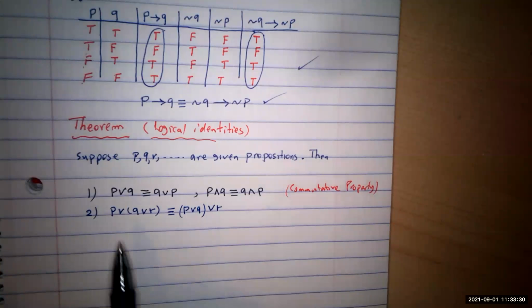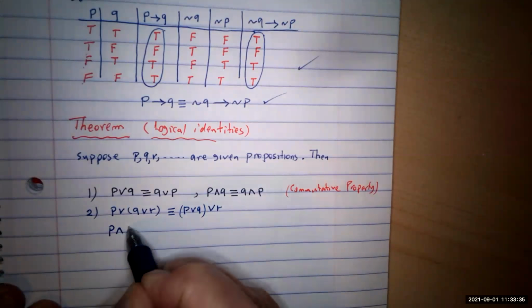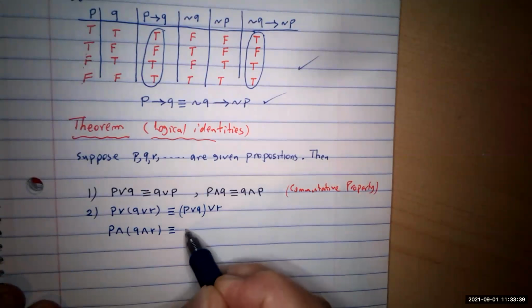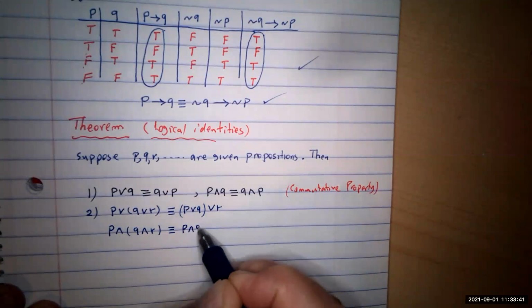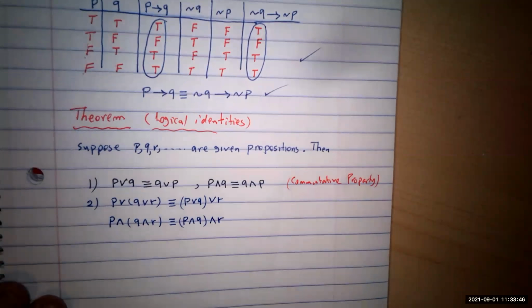And it would also be true if you just change these connectives. It's going to be P and Q and R. It's the same thing. You know this type of property, we refer to it as what?